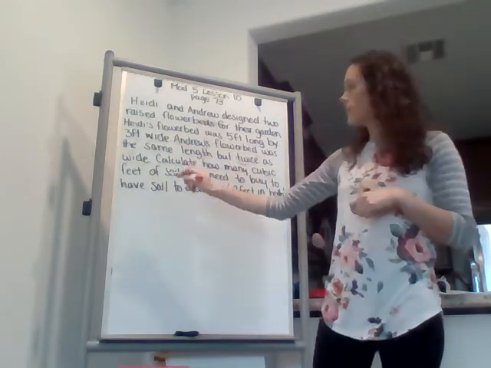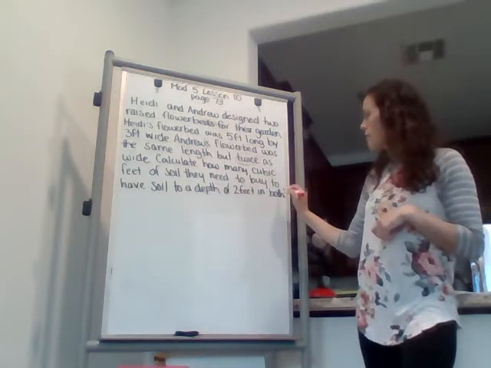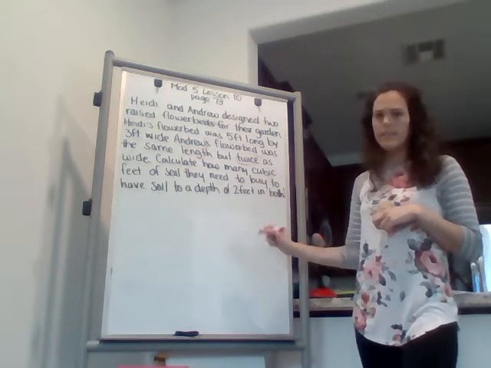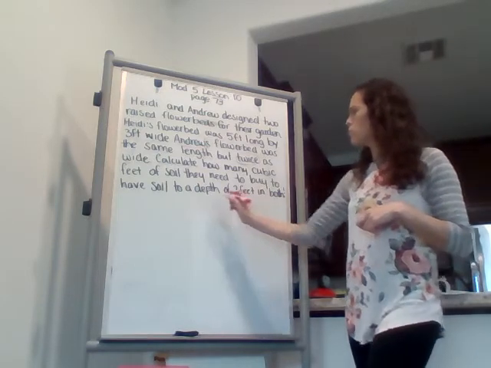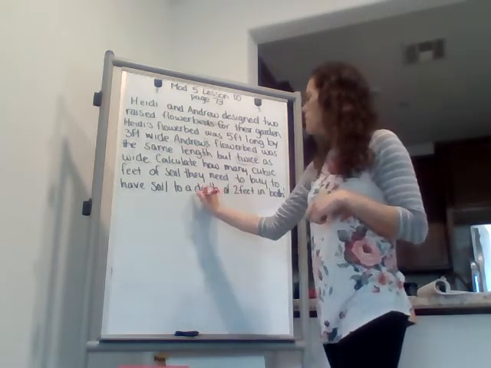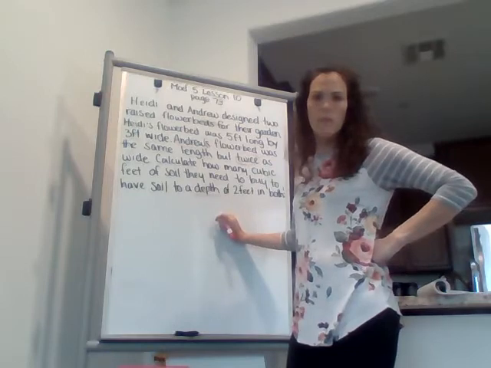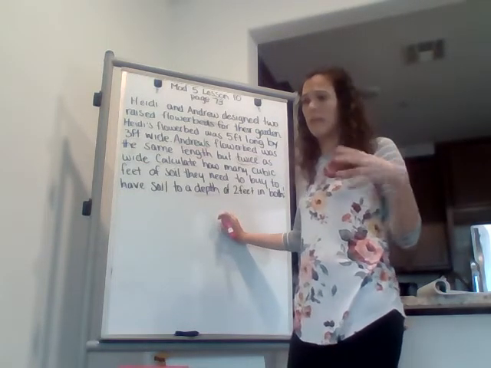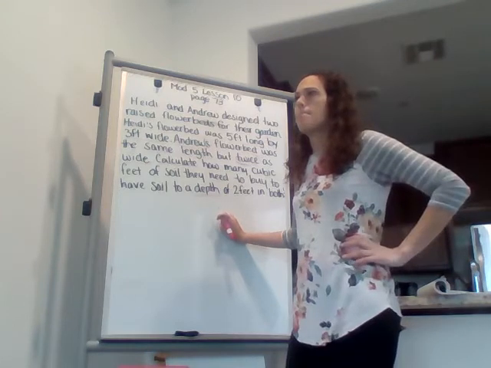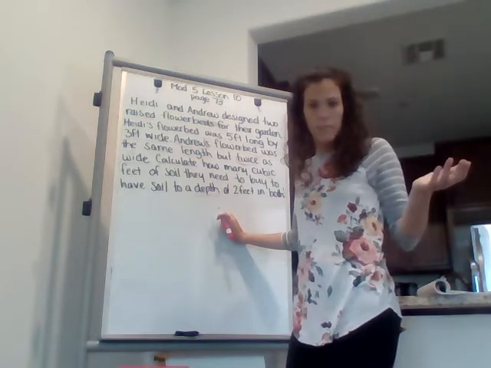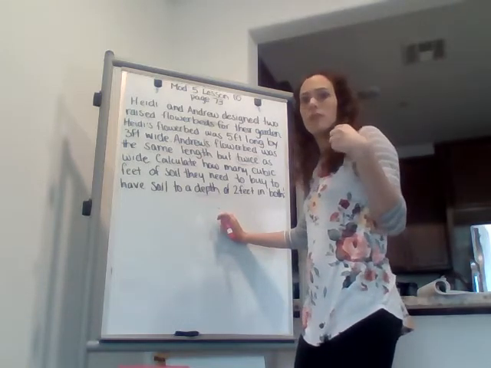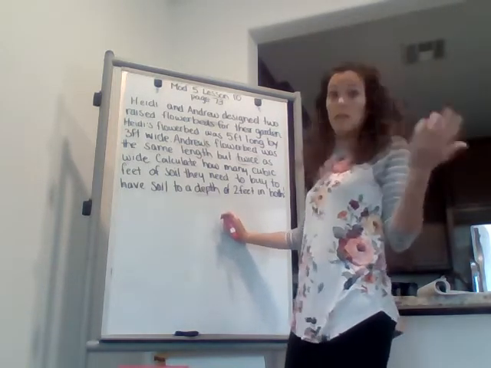How many cubic feet of soil they need to buy to have soil to a depth. Ooh, now we have depth. So I might need to think about this one a little longer. I'm not as comfortable with it as length and width. But depth, how deep something is, how deep your pool is, how deep the lake is, how deep anything is.